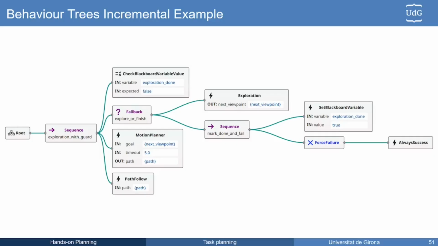If the exploration is not done, if this is true, if this is success, then I execute the exploration inside this fallback. If the exploration fails, I set this variable, and then the next time I tick the root, I don't have to execute the exploration node. I just check this condition, and because this condition, not done, is false, I automatically return.